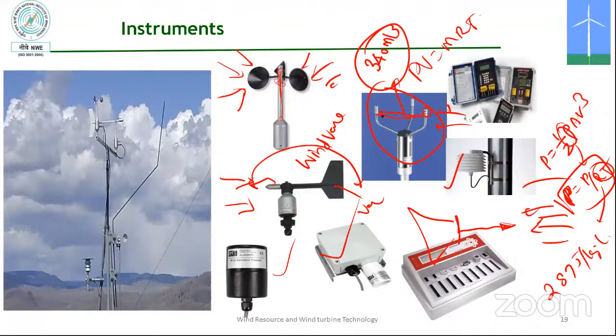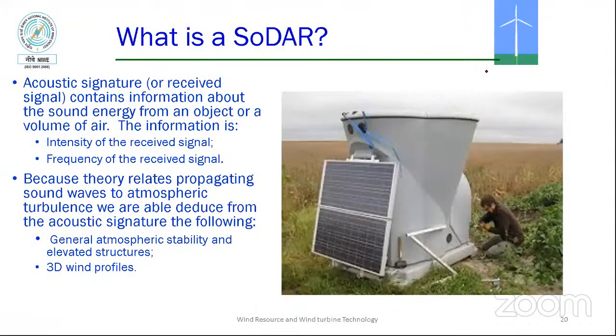It means the sound travels between these two antennas and returns back to the same antenna. How much time it takes, from this we will calculate the wind speed and which direction the wind is blowing.